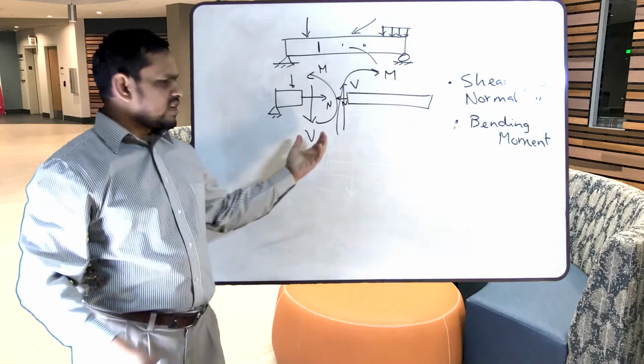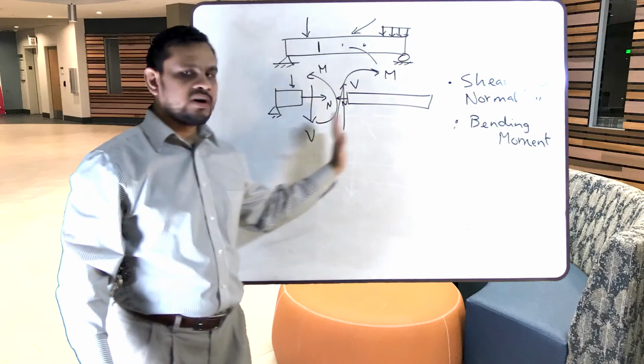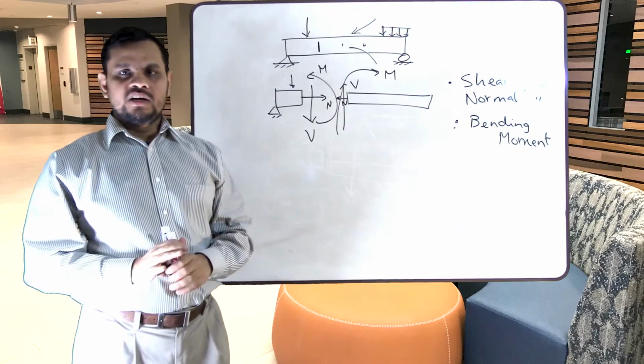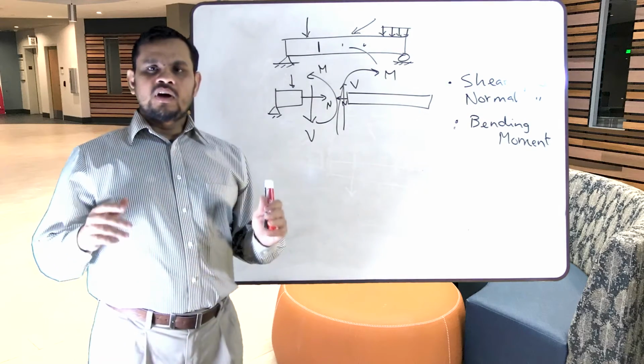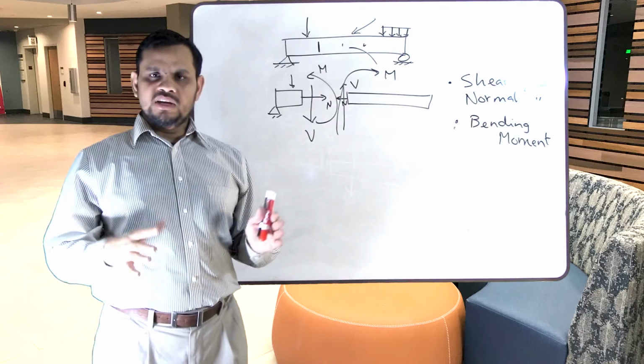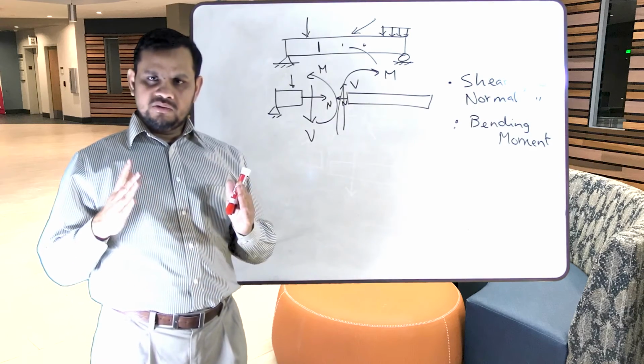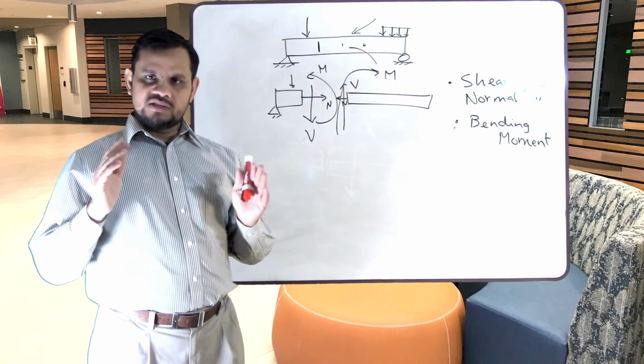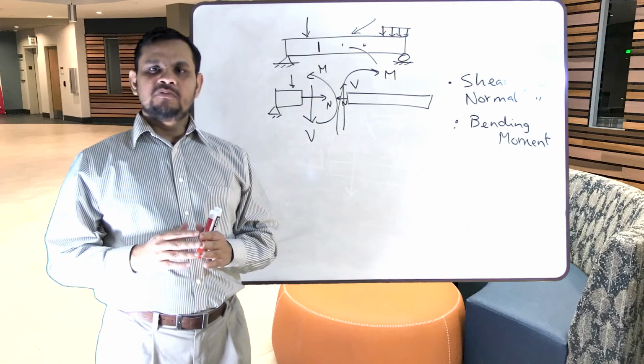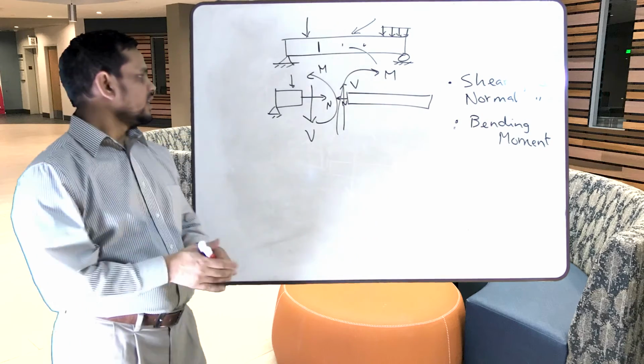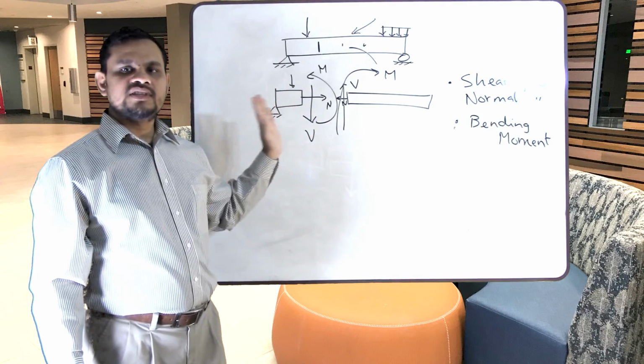So we can consider either the left side or the right side, both are okay. As I told you before, in mechanics, whatever method you follow, whatever side you consider, your answer must be the same. So don't worry, take the side that is easier for you.